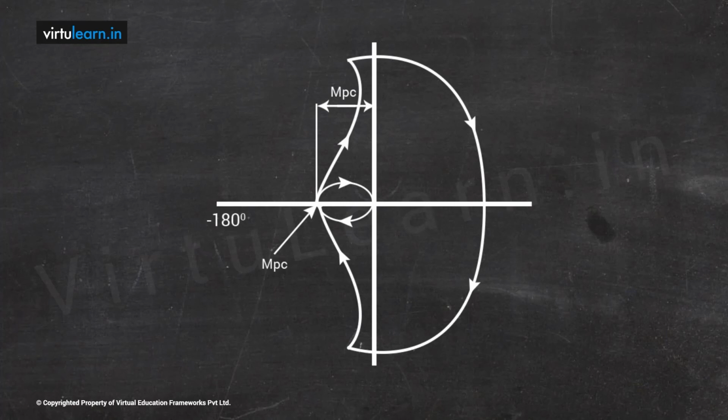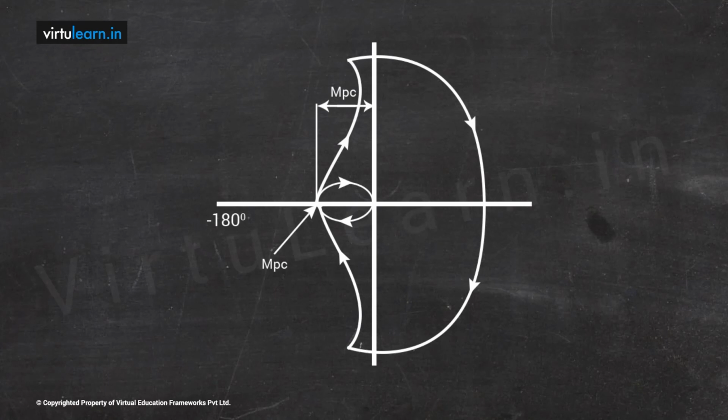Now it is very clear there are no intersections, then I can say N is equal to 0, which means the number of encirclements around the critical point of this Nyquist plot is 0.